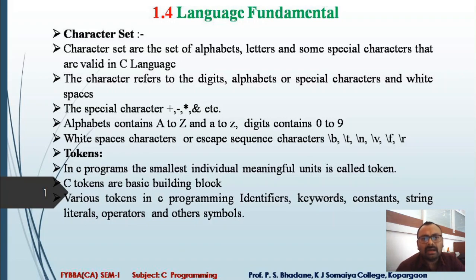Character sets are the set of alphabets, letters and some special characters that are valid in C language. The character refers to the digits, alphabets or special characters and white spaces.